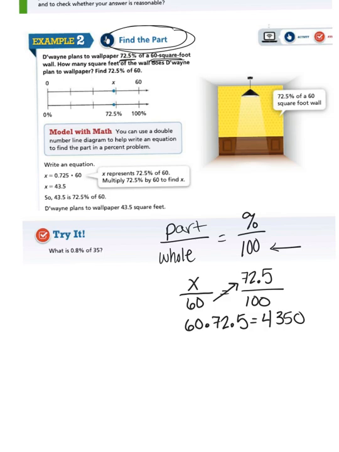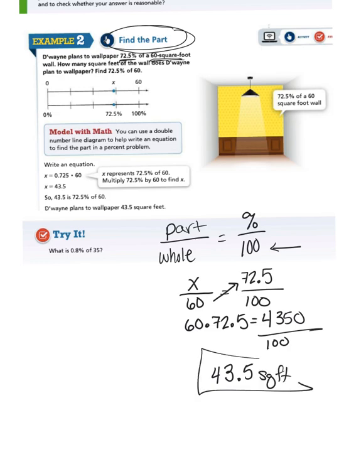Then you are going to divide it by 100, which is going to give you 43.5 square feet. So the part that is going to be wallpapered is 43.5 square feet.